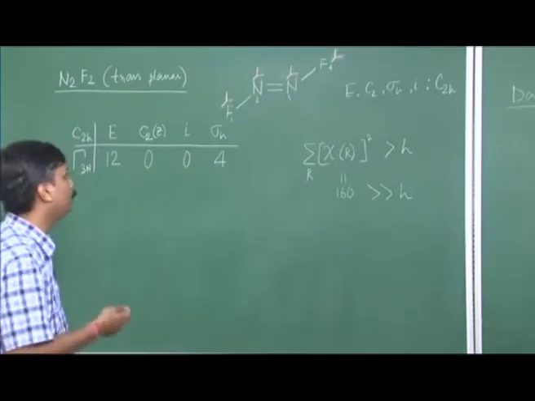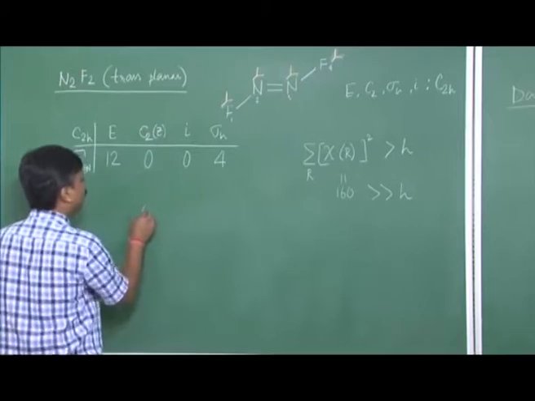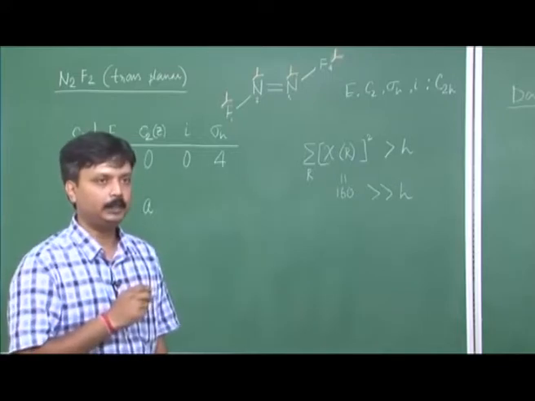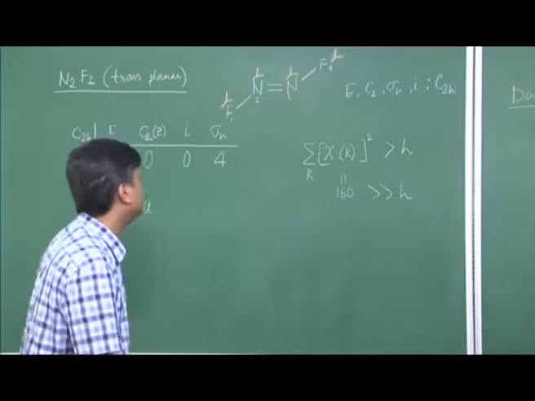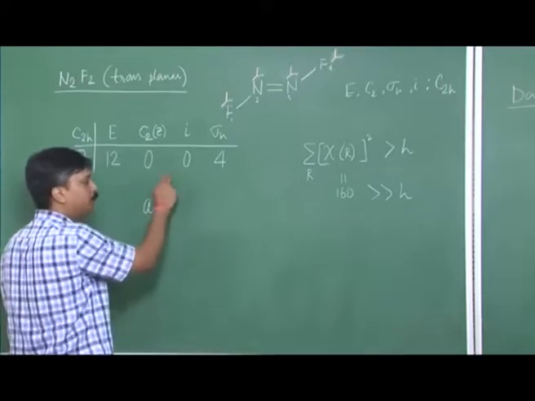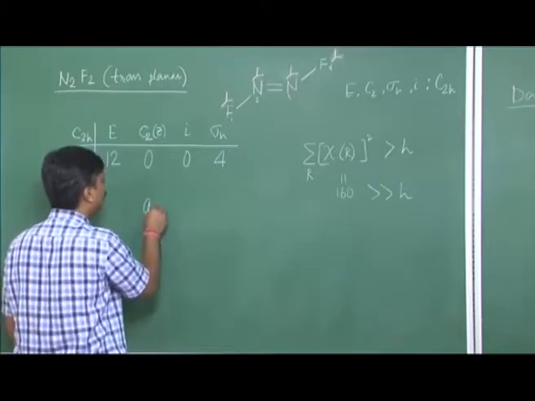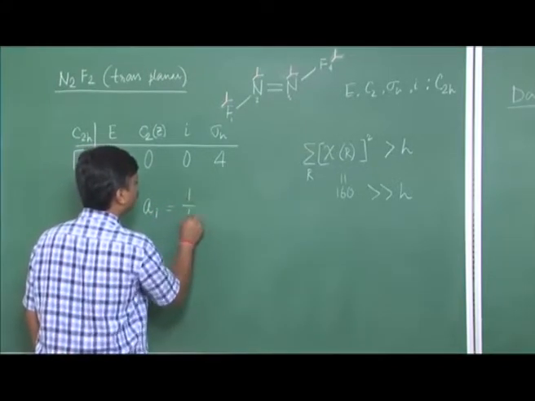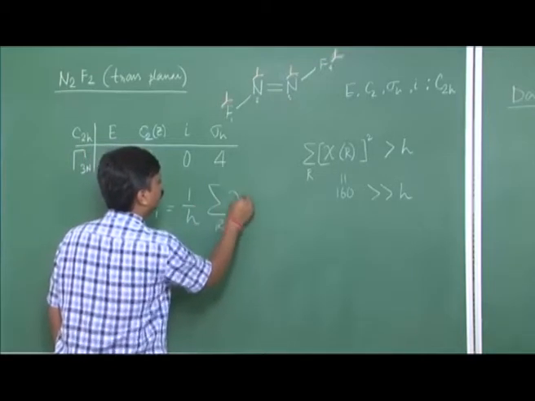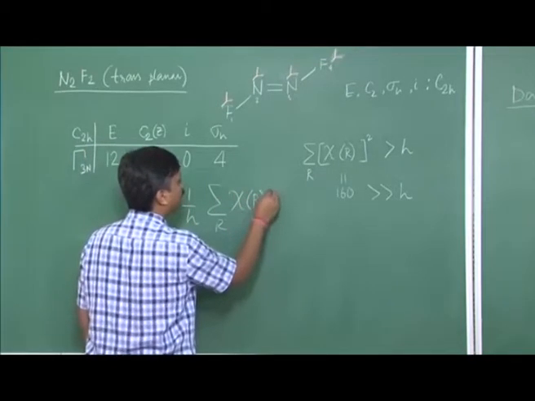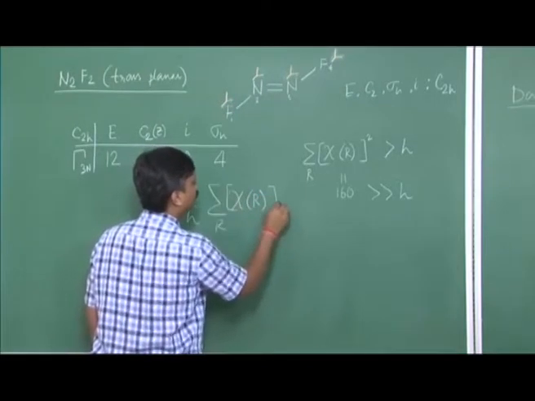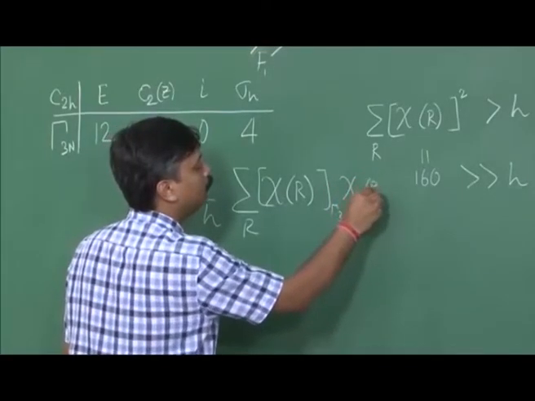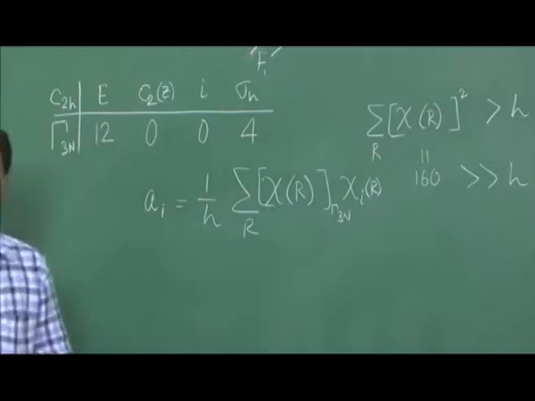So in the next step I have to reduce it. How do I reduce? I know that if I want to find out whether the ith irreducible representation of this particular point group exists in the representation that I have just formed, then the number of such occurrences, a_i, is equal to the sum over operations of the character for my gamma 3n multiplied by the character of the same operation belonging to the ith irreducible representation.